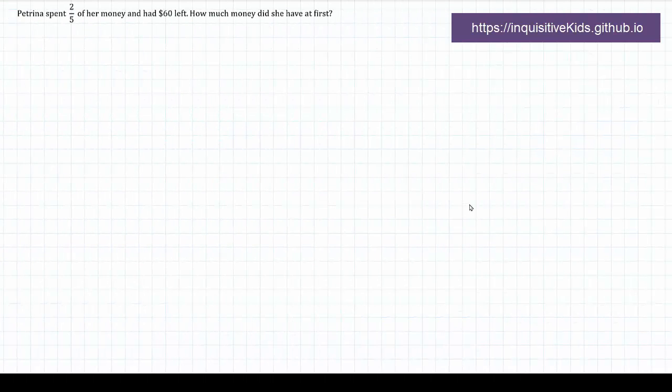Now let's do our next problem. Patrina spent 2/5 of her money and had $60 left. How much money did she have at first? Let's first think of her original amount of money as 1, and that she spent 2/5 of her money.